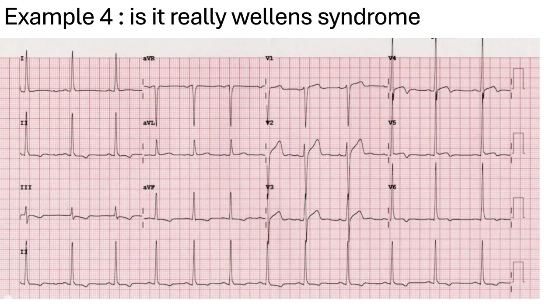If you calculate the R wave in V6 plus the S wave in V1, it's more than 35 millimeters, which is a diagnostic criterion for left ventricular hypertrophy, and this pseudo-normalization pattern is due to left ventricular hypertrophy, which is one of the main differential diagnoses of Wellens syndrome.